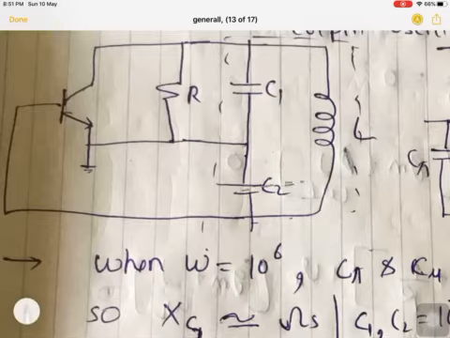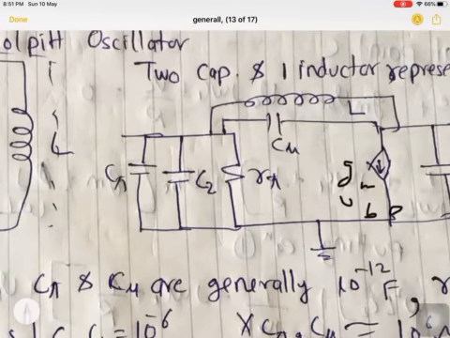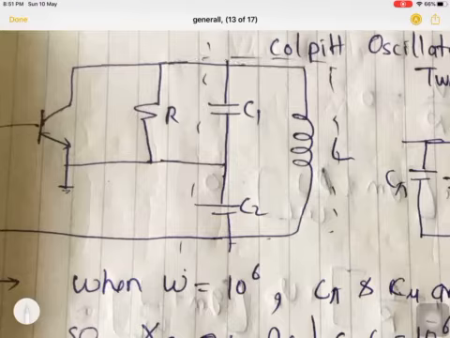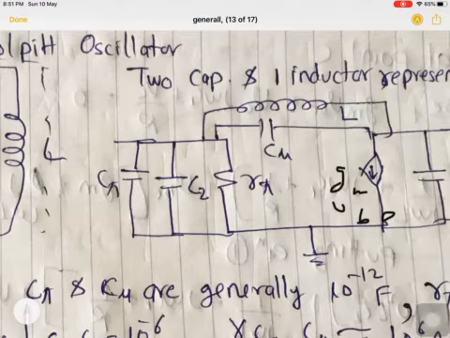C2 is between emitter and base. Okay, so C2 is between base and emitter. And L, the inductor, is between collector and base.